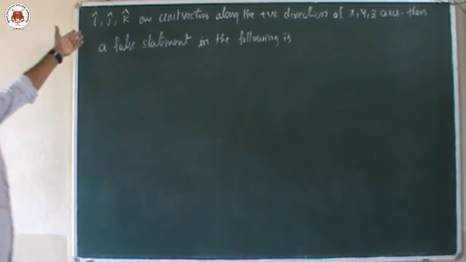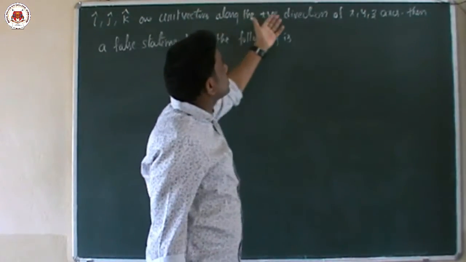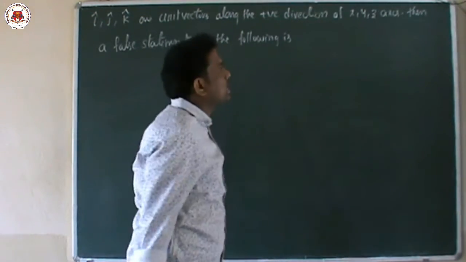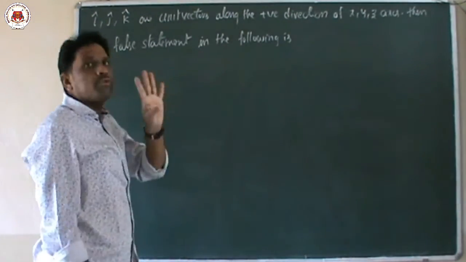So here i vector, j vector, k vector are unit vectors along the positive direction of x, y, z axis. Then here he gave 4 options.